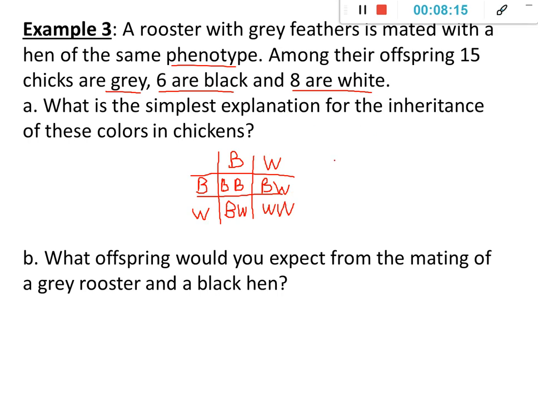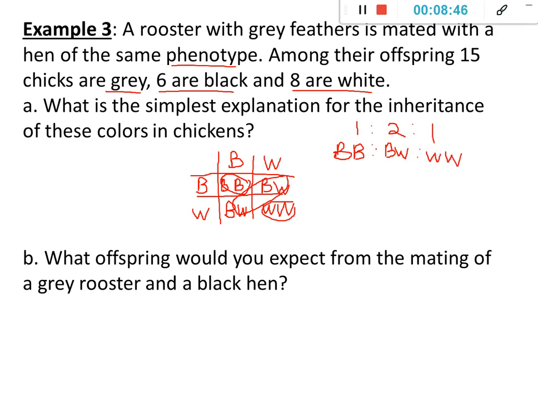So if we looked at the numbers here to see if that works out, we have a 1 to 2 to 1 ratio of black, gray, which is twice as prevalent, to white, looking at their genotypes.